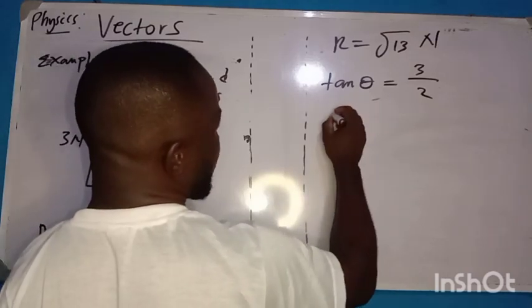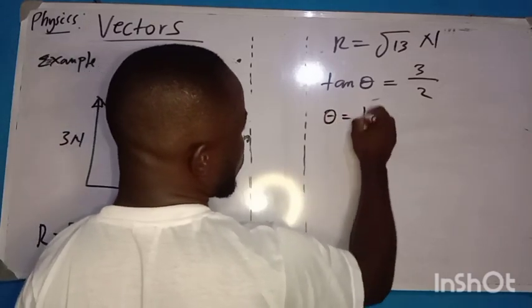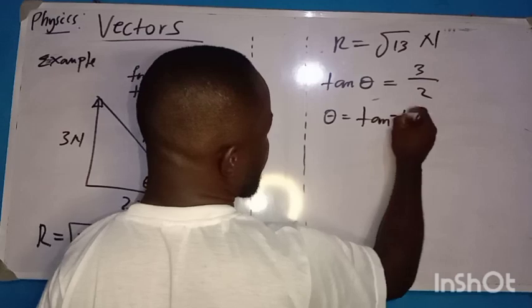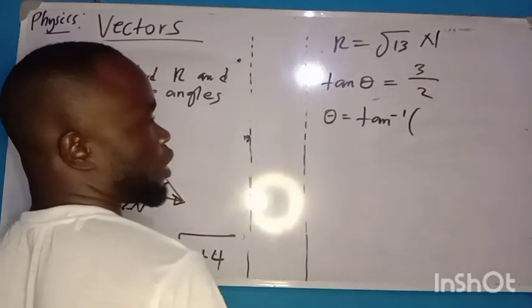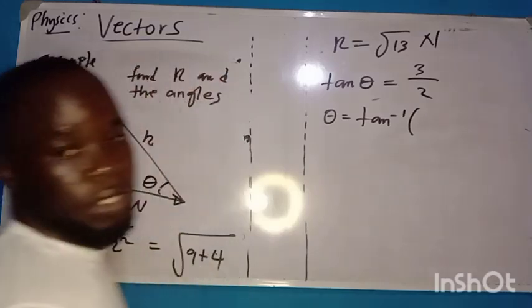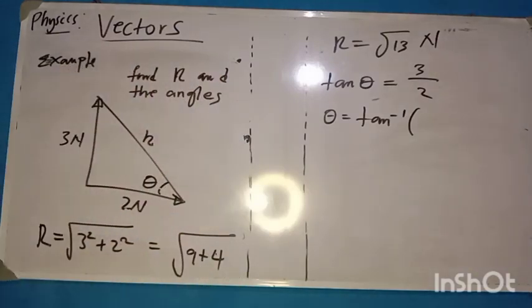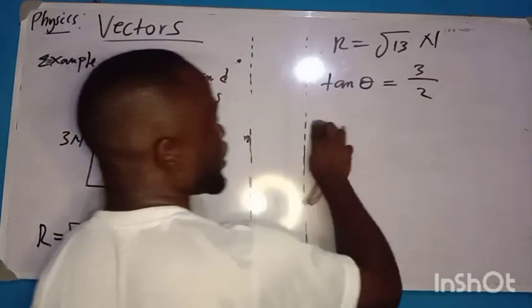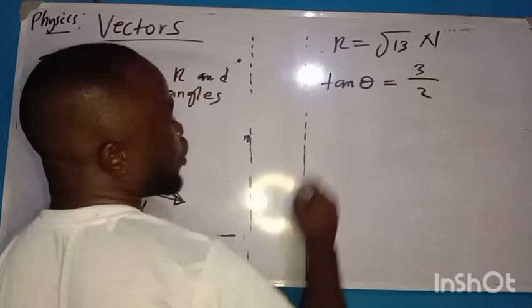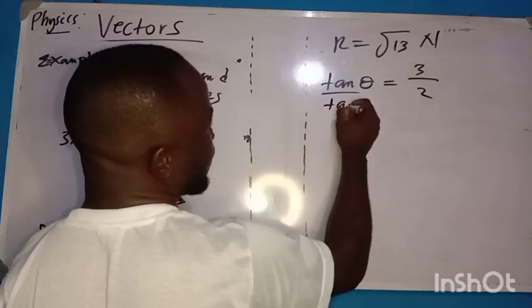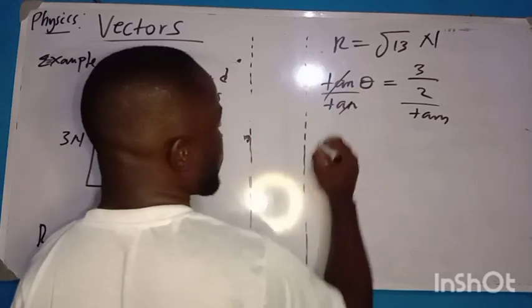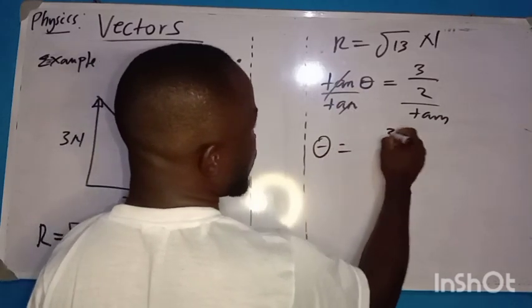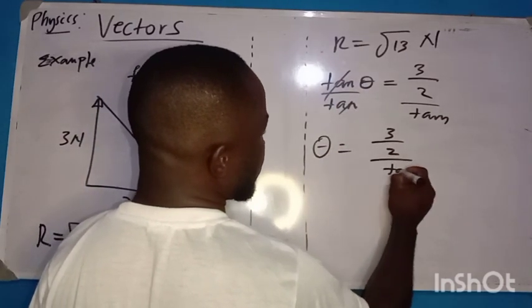Do you actually know how to take tan inverse? Some of us don't know that it simply means you divide both sides by tan. When tan cancels tan, theta will be equal to 3 over 2 divided by tan, right?